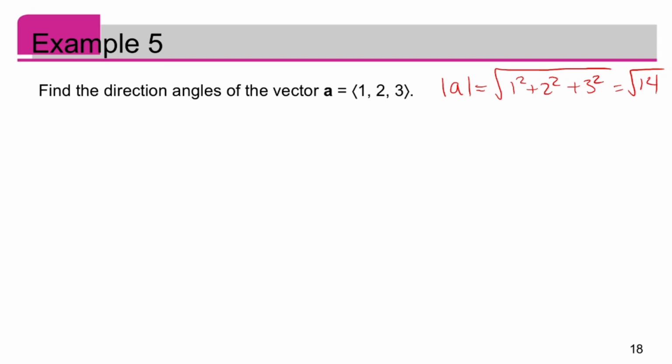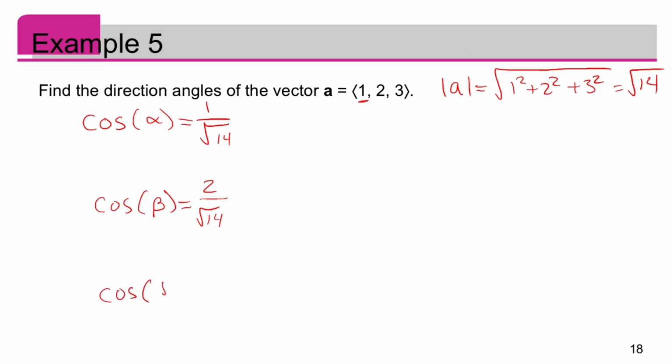Then the next step is to write the direction cosines. So cosine of alpha is 1, you're using the first component, over radical 14. Cosine of beta is 2 over radical 14, and the cosine of gamma is 3 over radical 14.